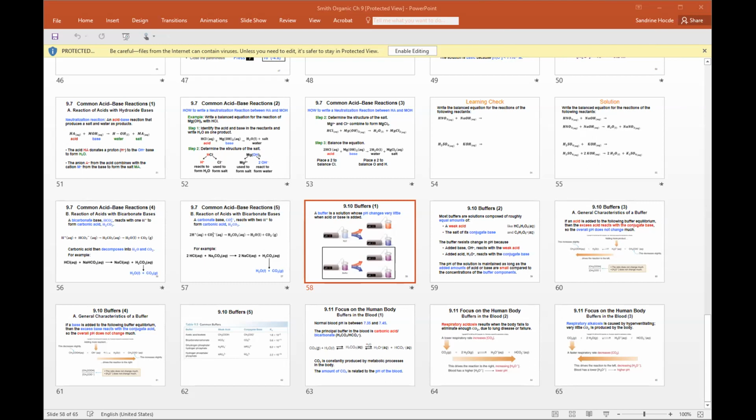And that's how the buffer is able to maintain the pH, because it absorbs, if you will, the added base or added acid by having its weak acid or conjugate base react with them. Again, the pH of a solution is maintained as long as the added amount of acid or base is small compared to the concentration of the buffer components.